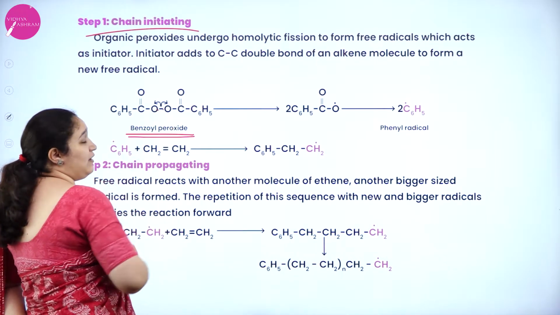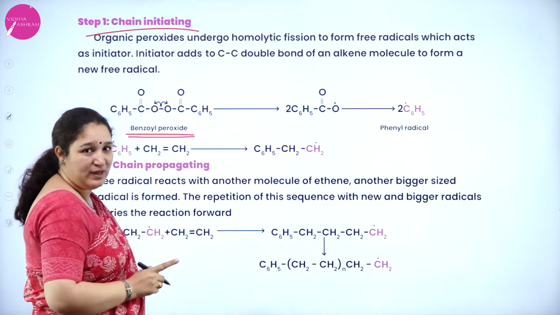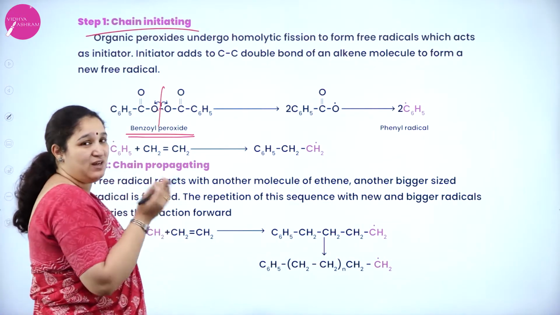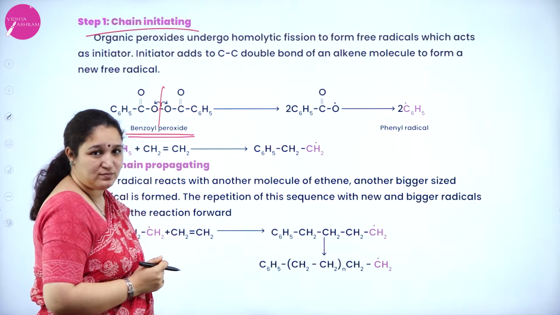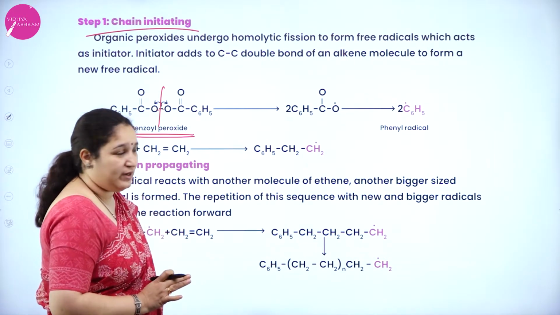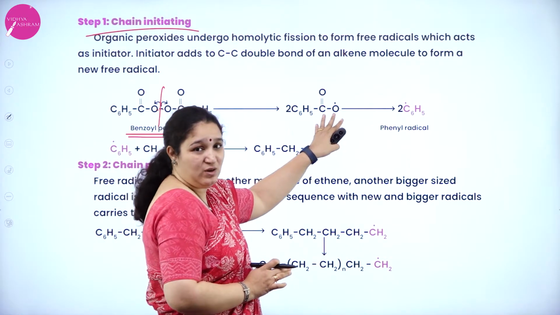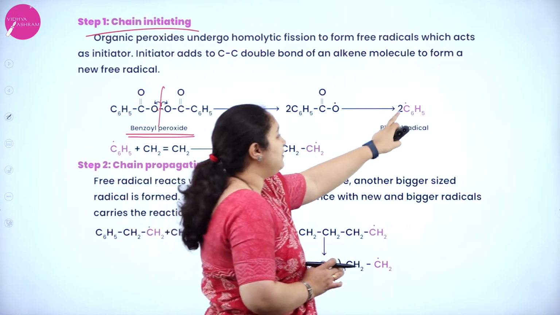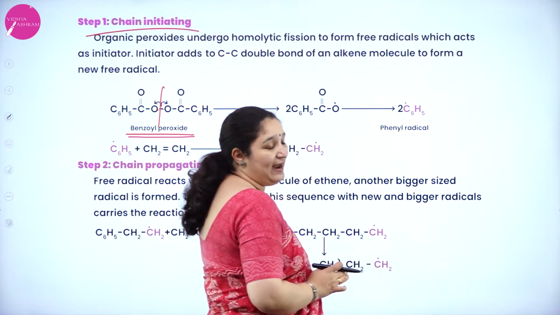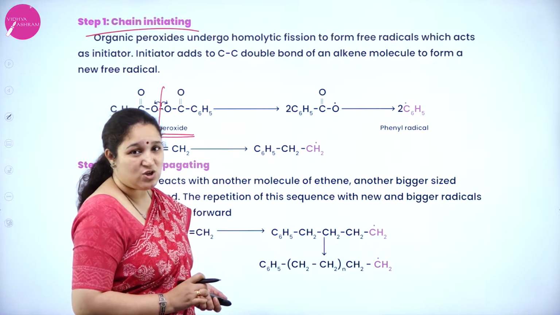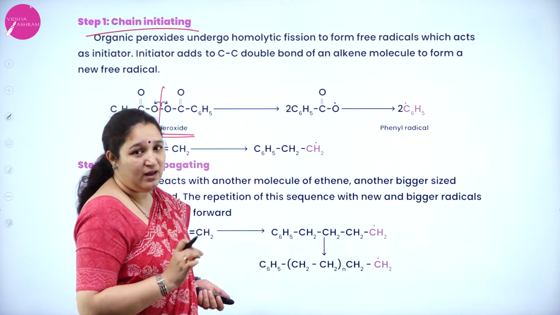Both the oxygen atoms have given one electron each to form that bond. Now, if I break this bond, they will get back their original electron which was involved in bonding, to form one type of radical. Further, this will lose CO2 and carbon will have the electron, and this is called the phenyl radical. The C6H5 radical is called the phenyl radical.